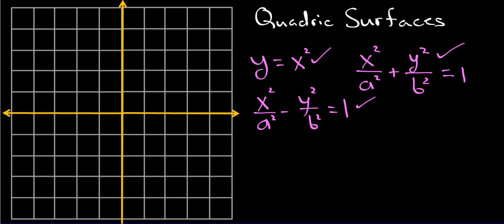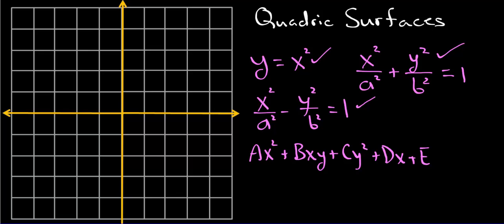In particular, we learned that a conic section can algebraically be written this way: ax squared plus bxy plus cy squared plus dx plus ey plus f equals 0.